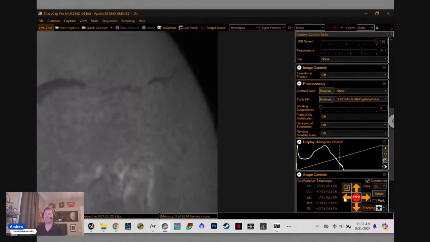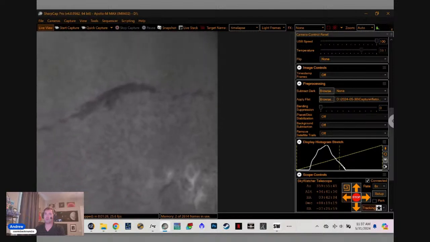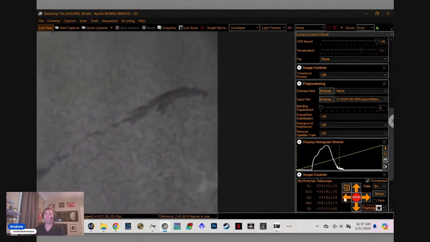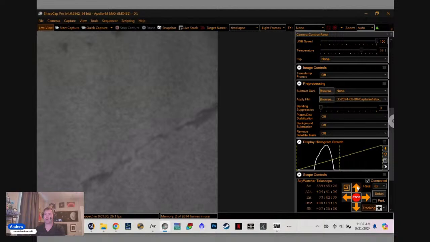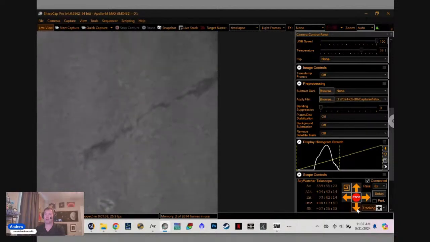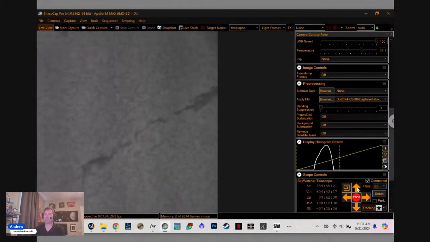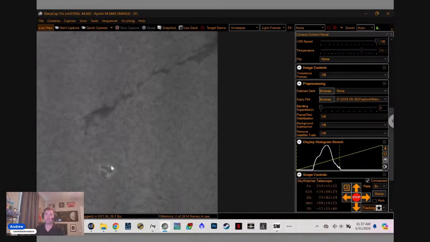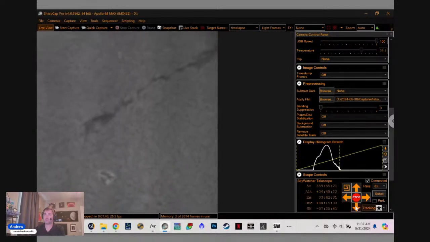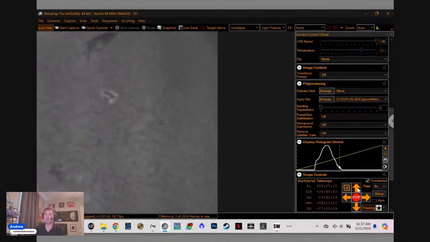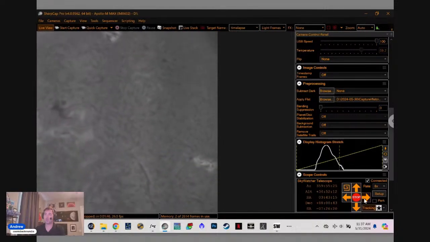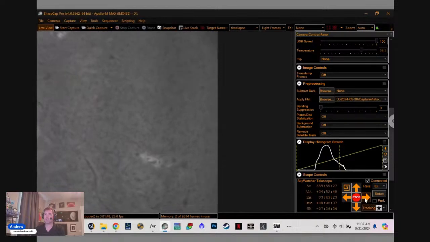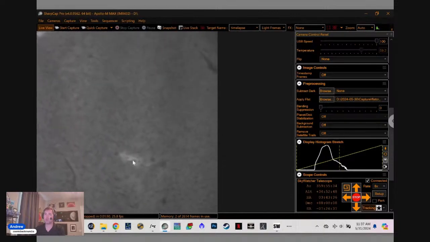All right, so this is the massive filament I was talking about. That thing is giant. Oh God, it stretches all the way across like that, hundreds of thousands of miles long. This is a little baby active region that actually flared this morning. It was a C-class flare this morning. And let's keep going. Here is another active region spawning off this sunspot.